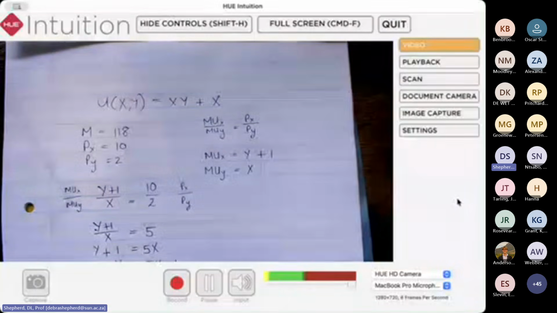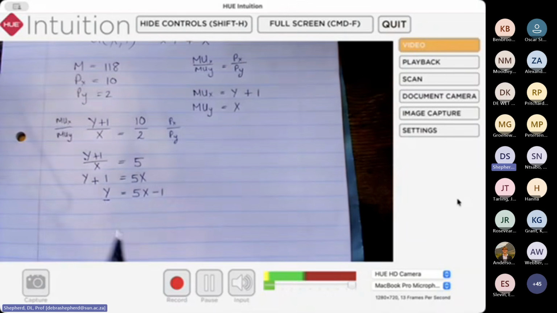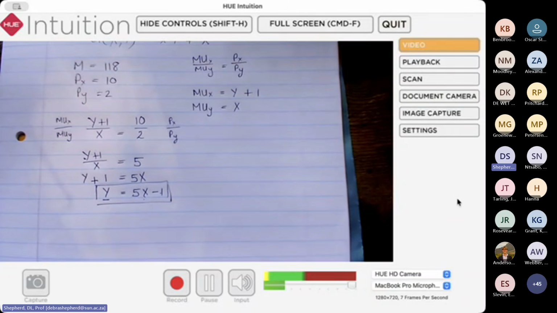So now we know that whatever Y is at the consumer equilibrium, the consumer must be consuming exactly 5 times however much X they're consuming minus 1, and that will be equivalent to the amount of Y that they then will consume. Okay, so what we're going to do now with this is sub it into our budget constraint.